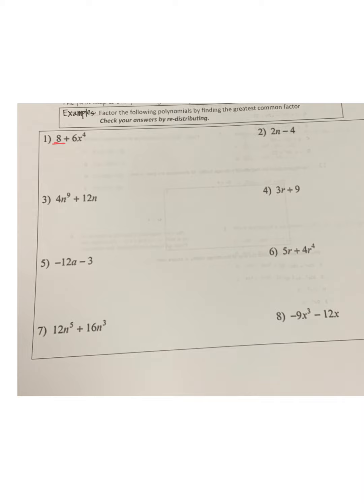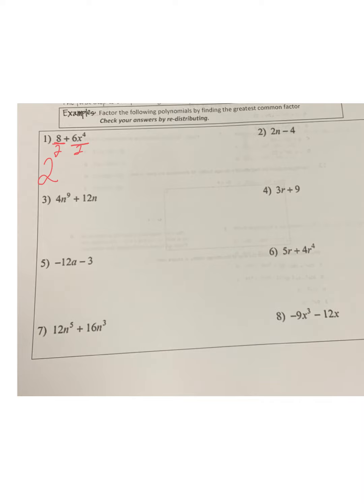We have 8, and we have 6x to the power of 4. What can we take out of both 8 and 6x to the power of 4? What do they share? Can I take out a 2? Can 2 go into both of those evenly? Yeah, we can take out a 2.